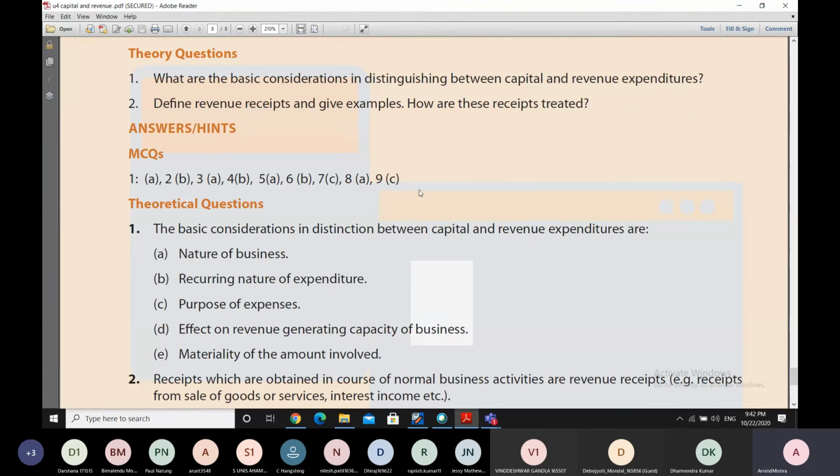But at the same time, making this distinction is a very tricky job at times, because the dividing line is very thin at times. We have to be careful, and we have to look at the broad principles that help us to determine whether an expenditure or a receipt is revenue or capital in nature.